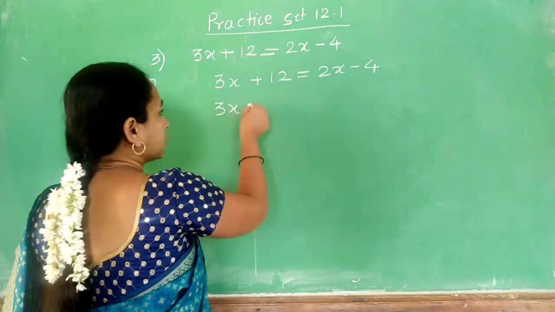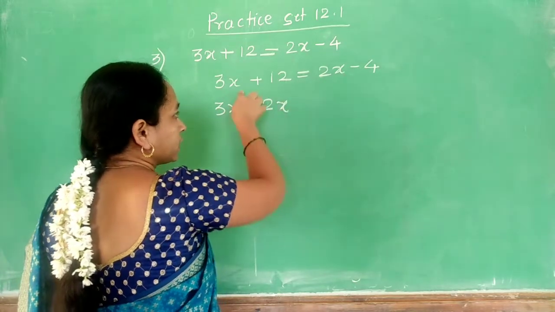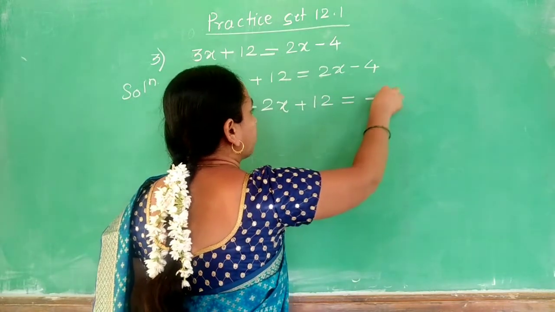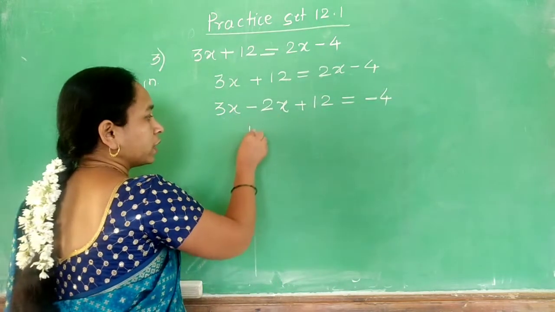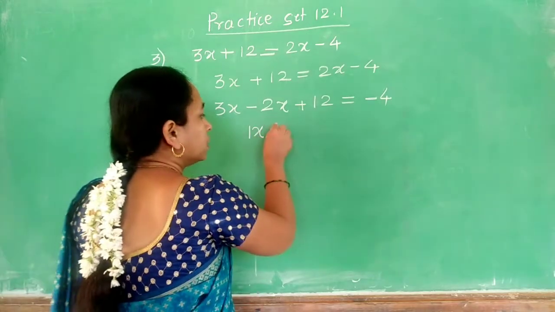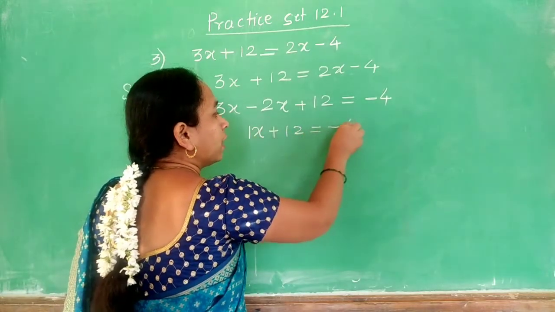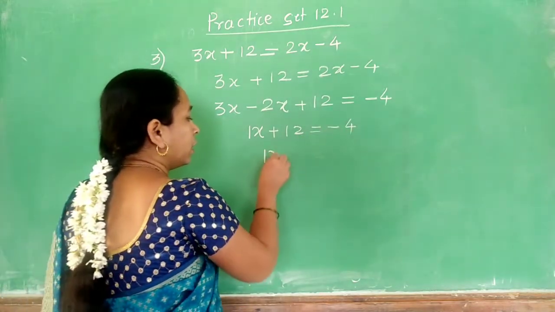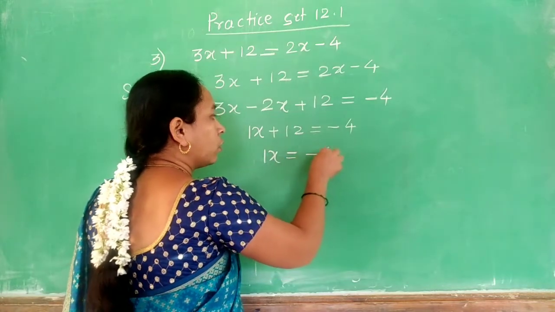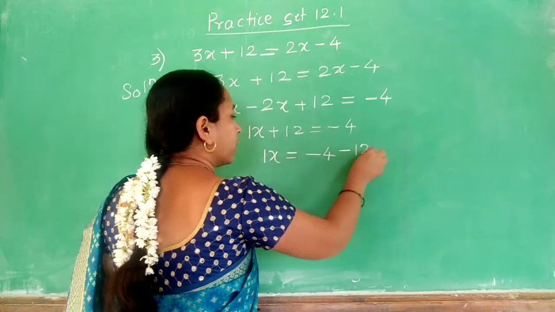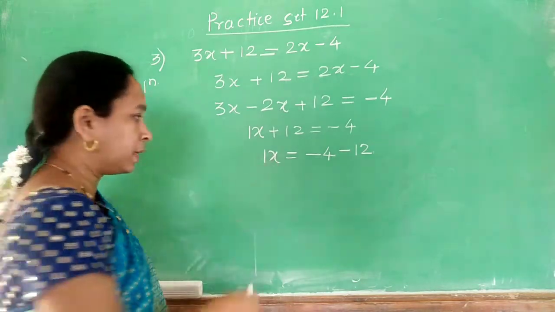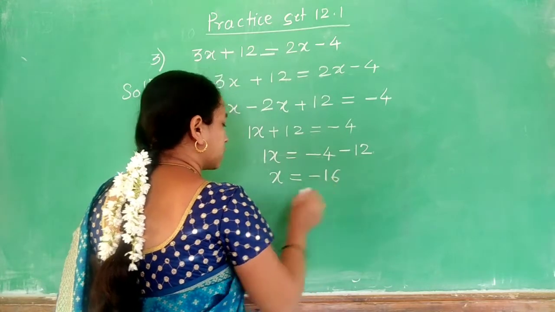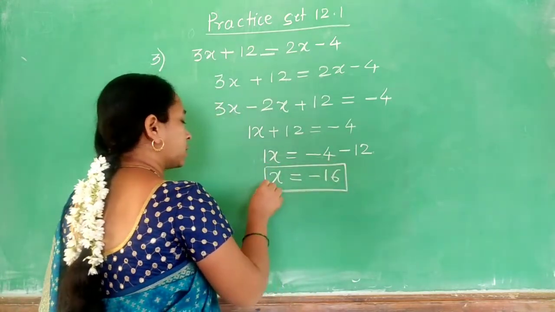So 3x minus 2x, plus 12 is equal to minus 4. 3x minus 2x is 1x. Plus 12 will go over there and become minus 12. 1x is simply x, which is equal to minus 4 minus 12, that is minus 16. So the answer is minus 16.